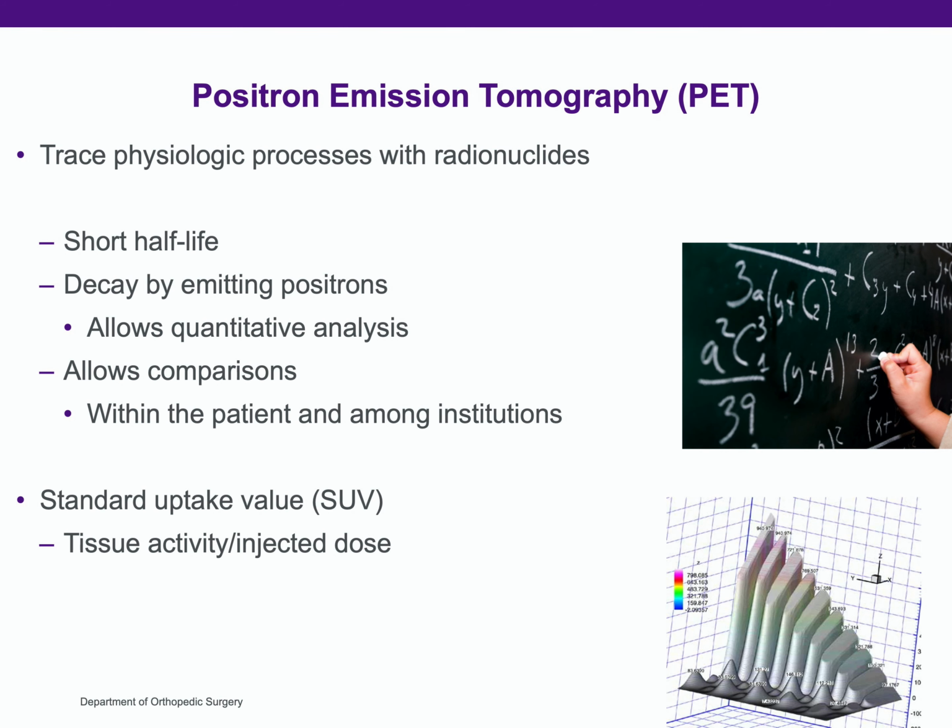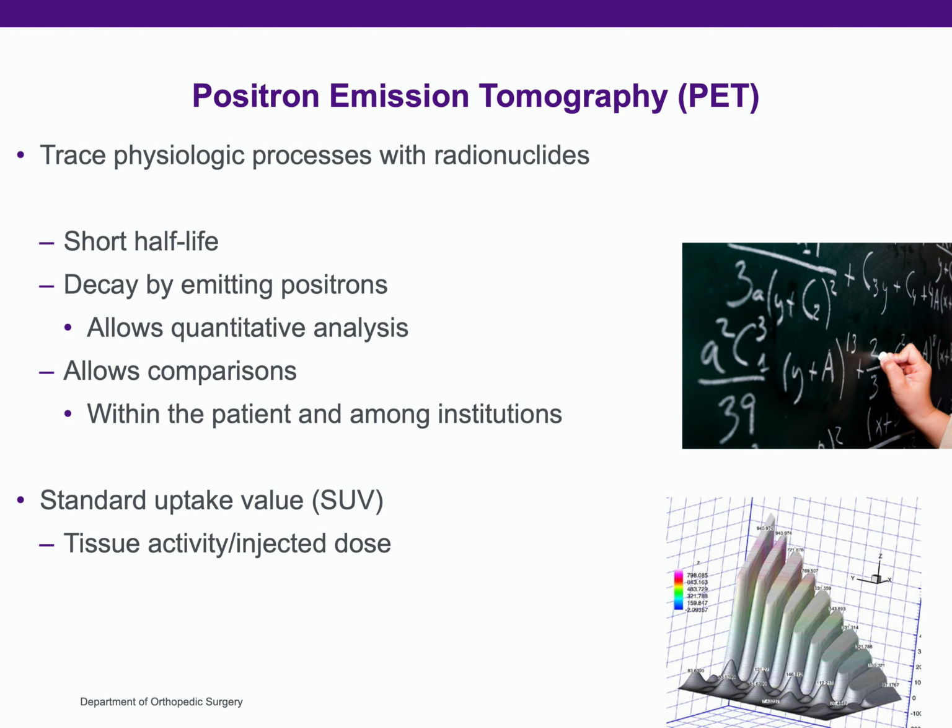I've mentioned PET scanning, so just a little background on it. Probably a lot of people know more about it than me, and those listening may even have heard more about this in medical school, but it's basically a quantitative analysis. So unlike a bone scan or even an MRI, where things are somewhat relative, the PET scan gives you a quantitative analysis.